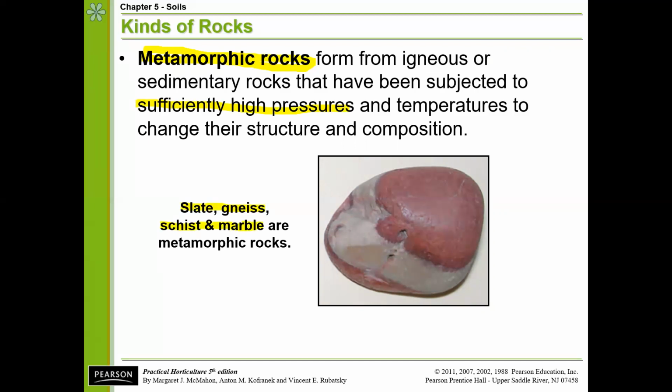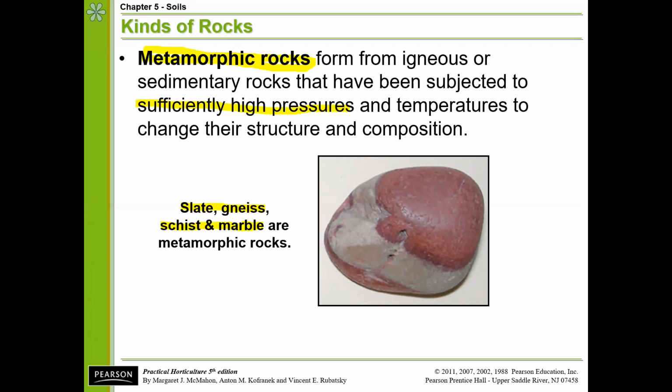And those metamorphic rocks, again, break down into different soil types. Slate and schist tend to make more clay soils. Gneiss makes more of a sandy, silty type soil. So it's not necessarily just due to the rock type, whether it's sedimentary, igneous, metamorphic, but what the actual minerals were. And then that leads to specific plant nutrients.